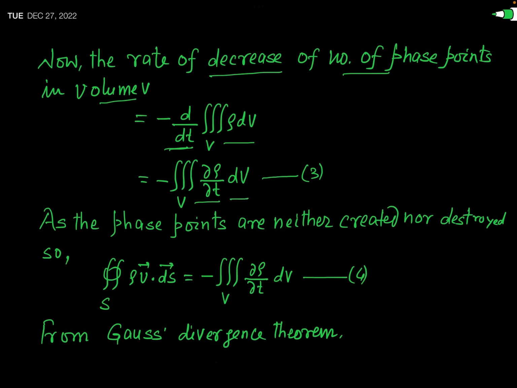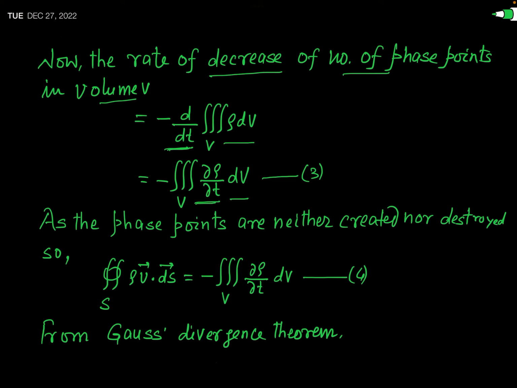One thing here is very remarkable and you have to understand this. I have written this rate by the operator d/dt, but when this operator is operated on the function rho, we have written the partial derivative, not the ordinary derivative. Can you say why the ordinary derivative is now written as a partial derivative?